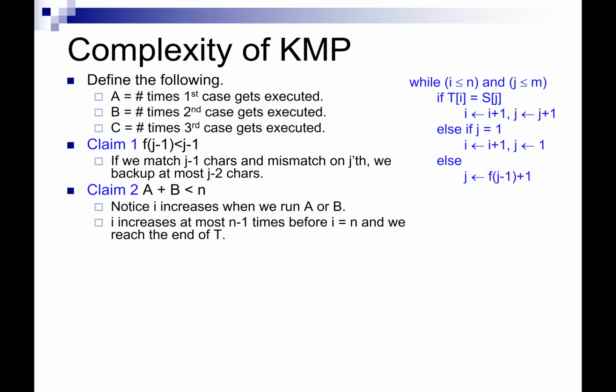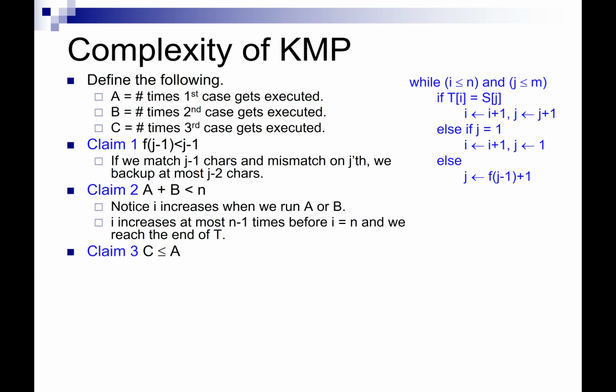The first two cases increase i, and this loop runs until either i equals n or j equals m. So i can increase at most n times, and at that point, we're going to stop the loop. Therefore, the number of times that the first or second case can run is at most n.